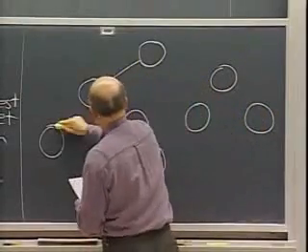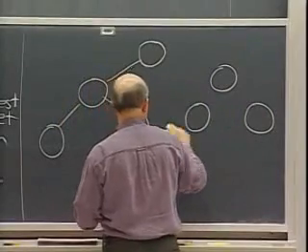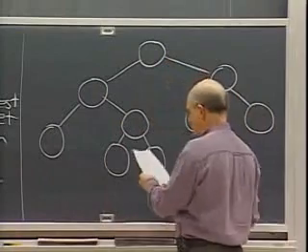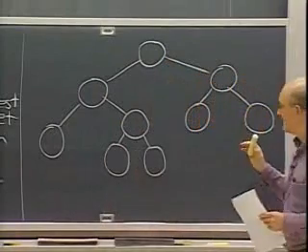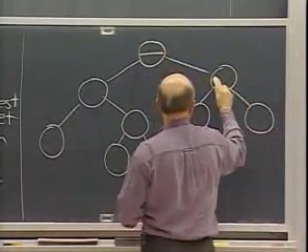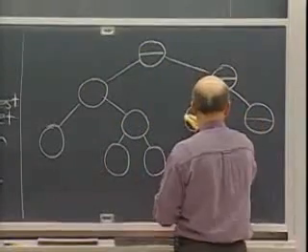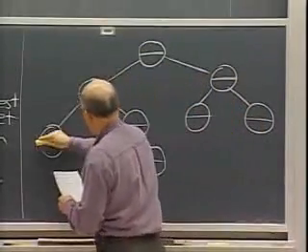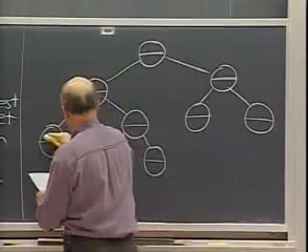In this tree, I didn't draw the nils for this. I'm going to keep two values. I'm going to keep the key. And for the keys, I'll just use letters of the alphabet.